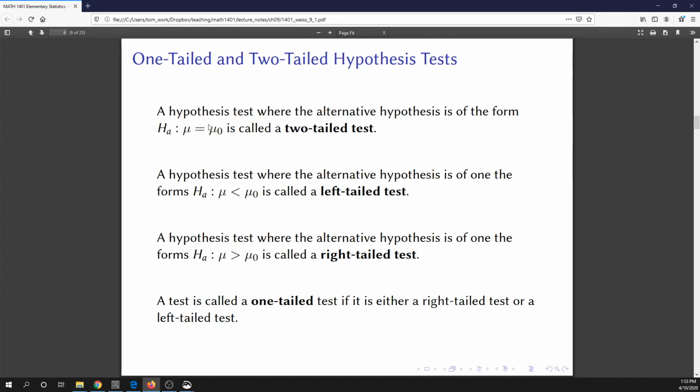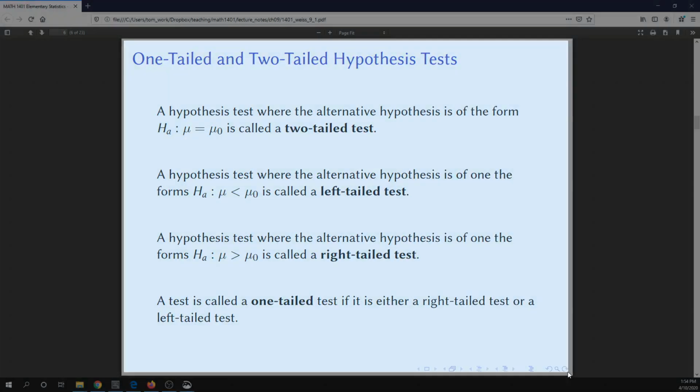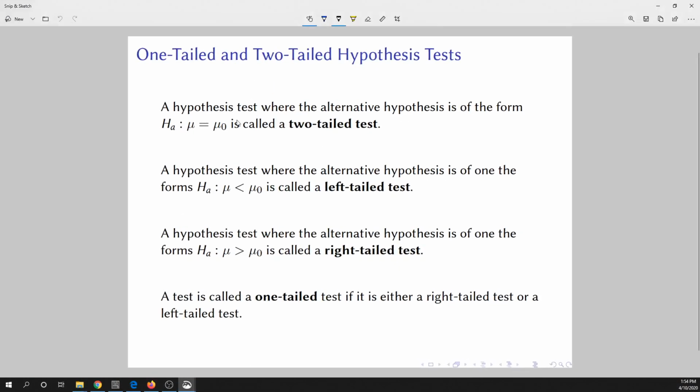So if the alternative hypothesis is that the mean is not equal to, or differs from, a particular value, that's called a two-tailed test.